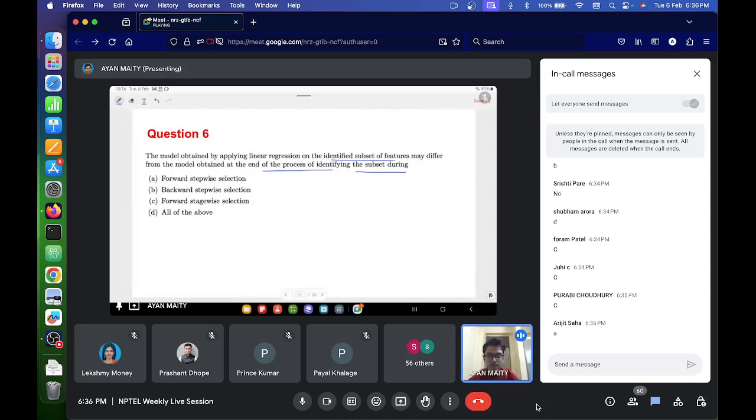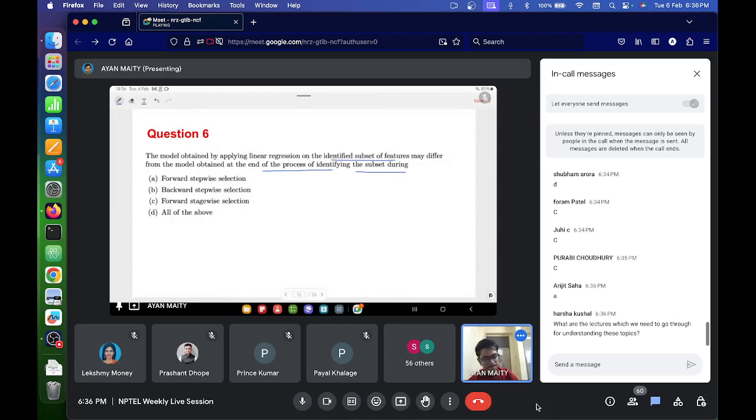Orijit Saha is saying option A. Harsha Kushal is asking what lectures we need to go through for understanding these topics. All these questions are from week 2 topics: regression, feature selection and principal component analysis. These were the topics taught in week 2, and all these questions are coming from those topics.